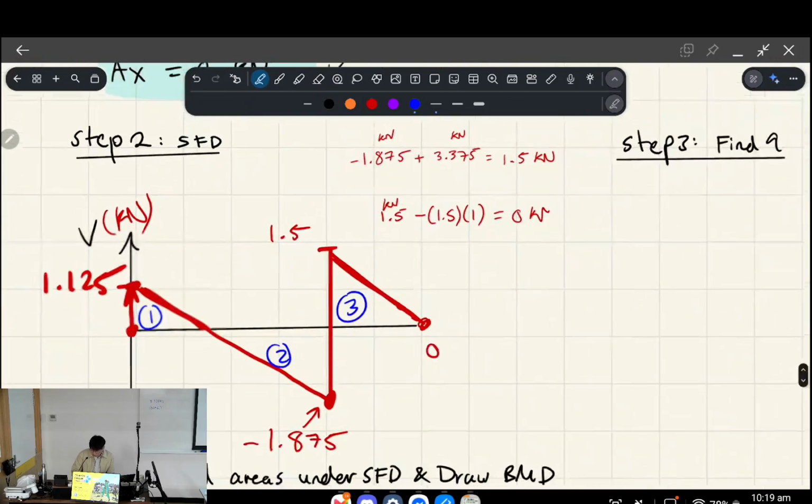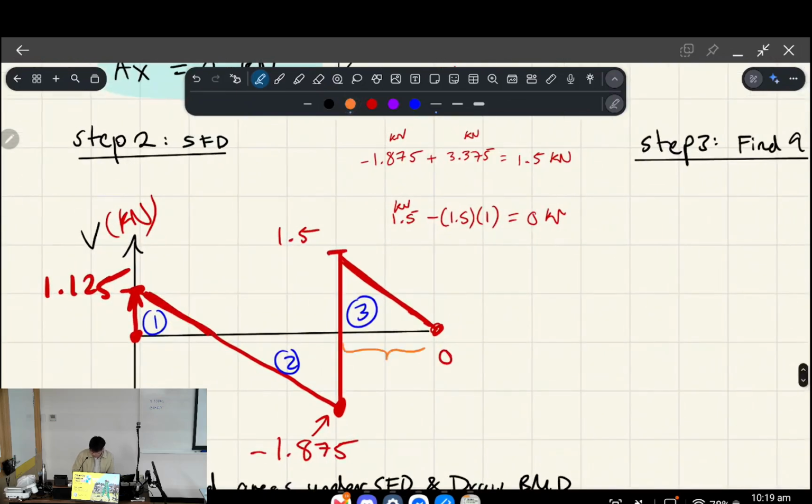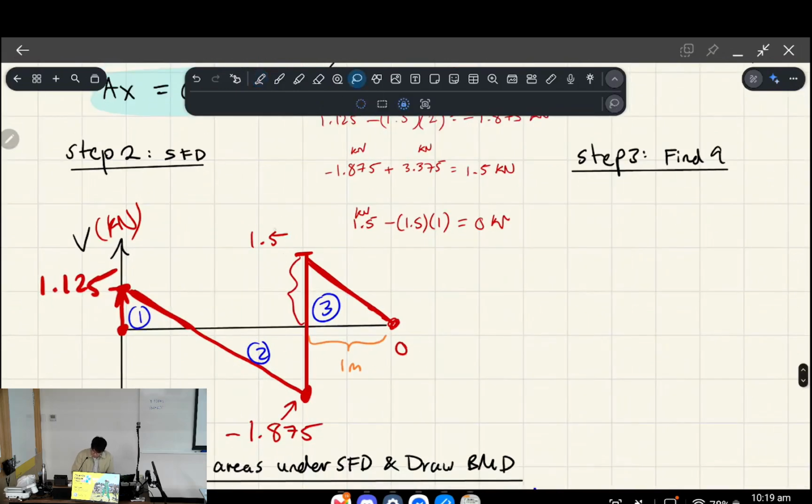If we look at triangle 3, no problems because we have the base, it is 1 meter, and we have the height, right? The height is 1.5, okay? So we will be able to find area 3. But what you'll find is that we don't know the base for triangles 1 and 2. Okay, so how do we solve that problem? The information that we do know is that this distance here is 2 meters, right?